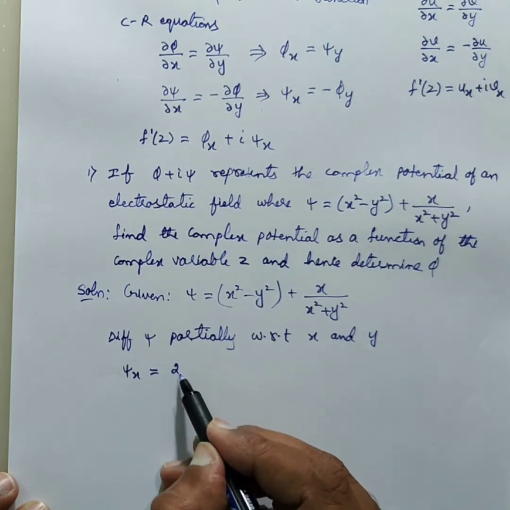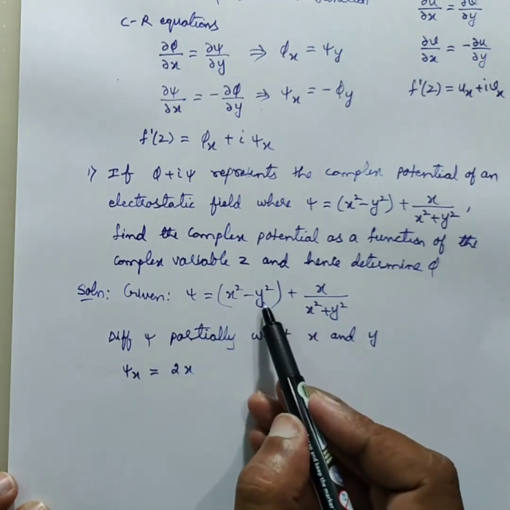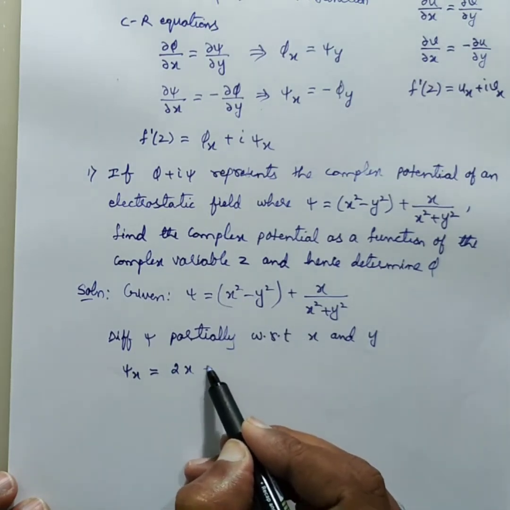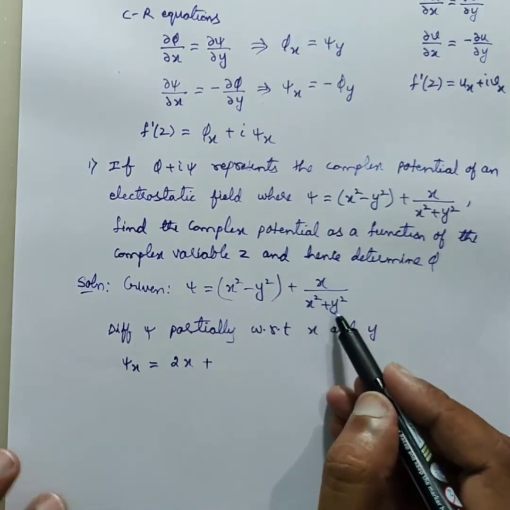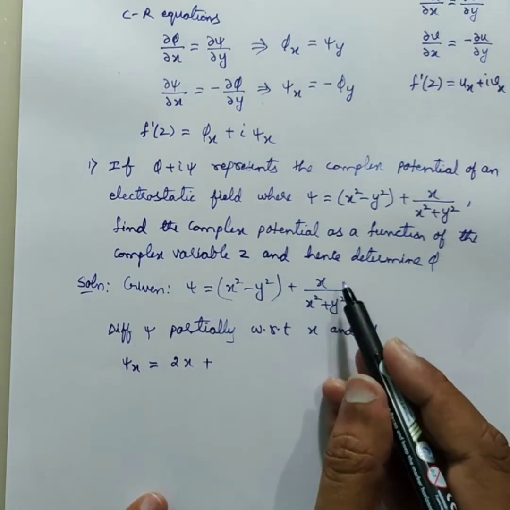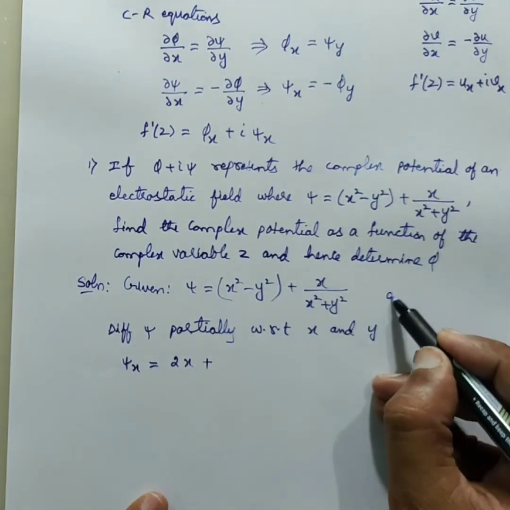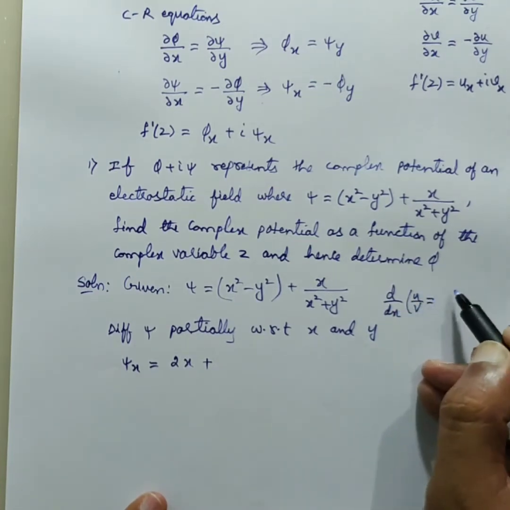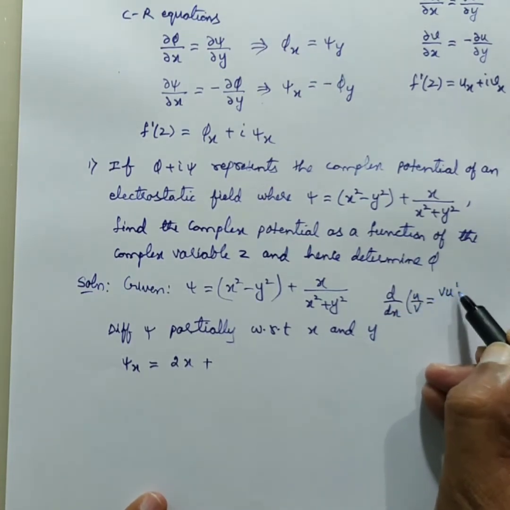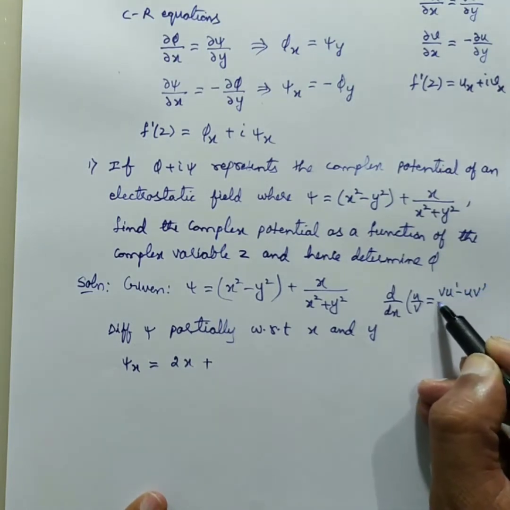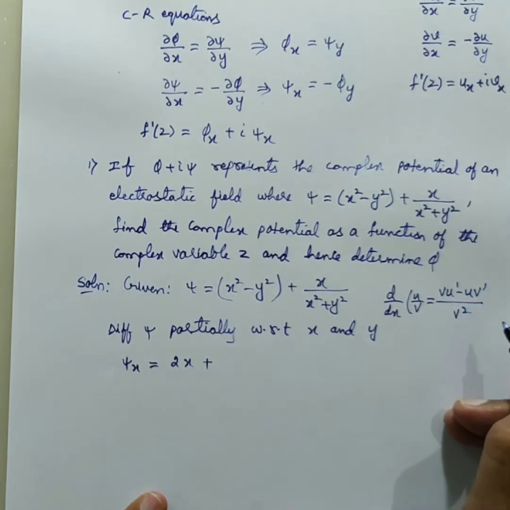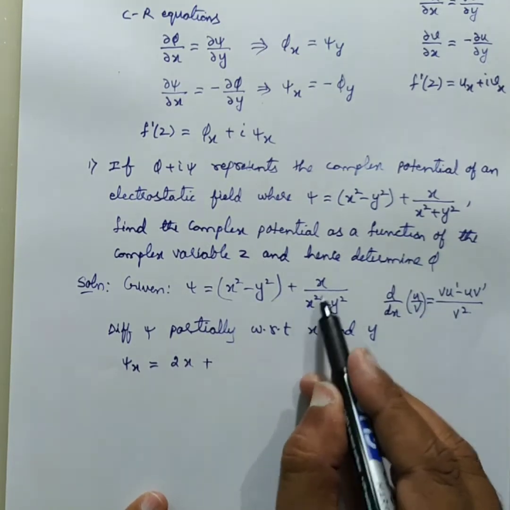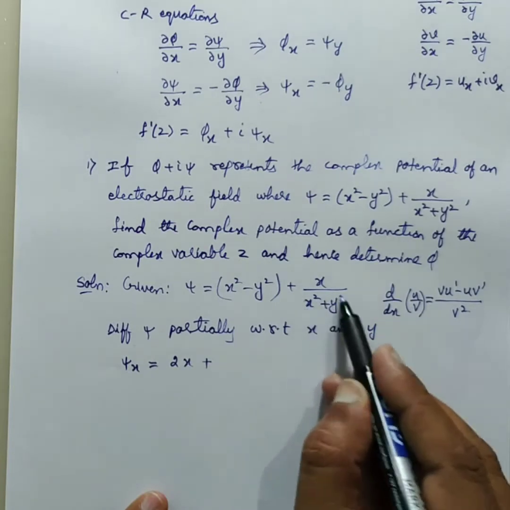differentiation of x square will be 2x. Here y is a constant, its derivative will be 0. Then plus you have x by x square plus y square. So it is in the form of u by v, therefore you can use the quotient rule. So d by dx of u by v will be nothing but v u dash minus u v dash divided by v square. So this value is u and this value is v.